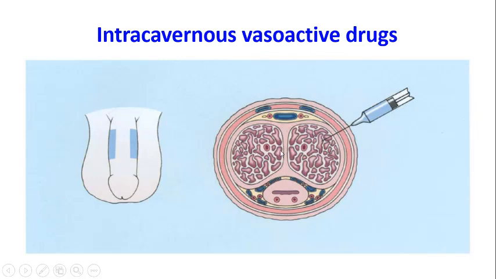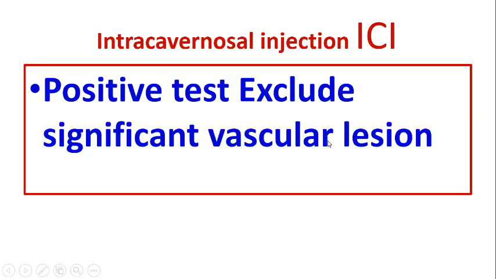So injection will be on one side only. A positive test means good erection, and when good erection occurs, it signifies there is no significant vascular lesion.